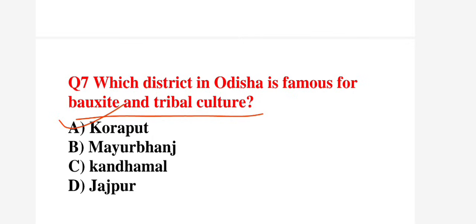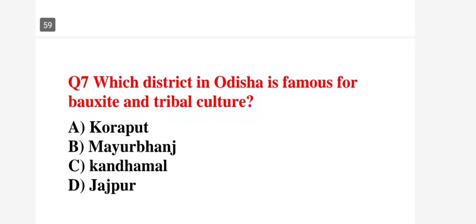Okay, if I will talk about the bauxite reserve, Koraput is a famous place for bauxite. Can you tell me which hill in Koraput is famous for bauxite reserves? Yes, I have already told you that is Panchpatmali Hills. Okay, Panchpatmali Hills is famous for bauxite reserve. If I will talk about the other districts which are famous for the bauxite reserves, that are Rayagada, Kalahandi, Bolangir, and Sundargarh.